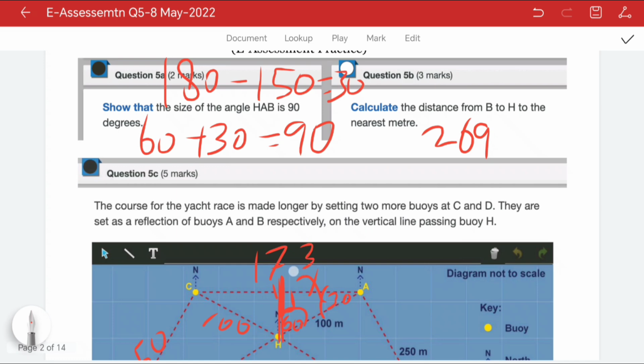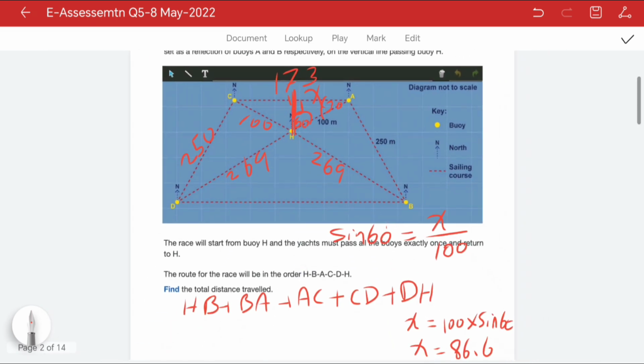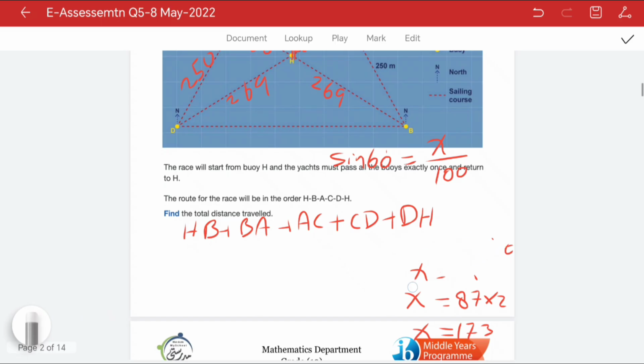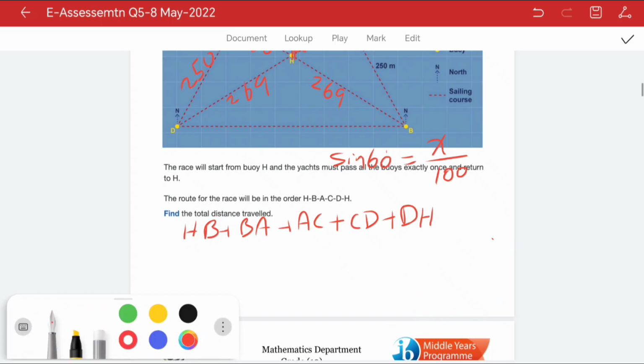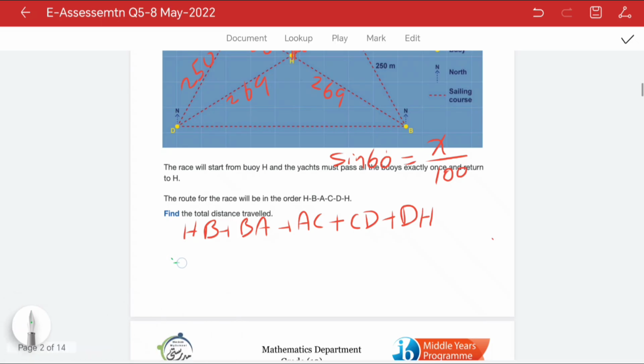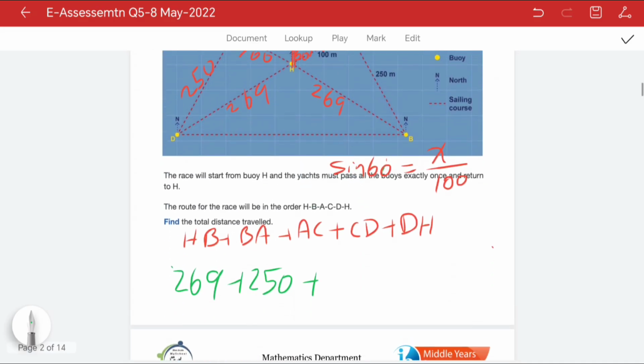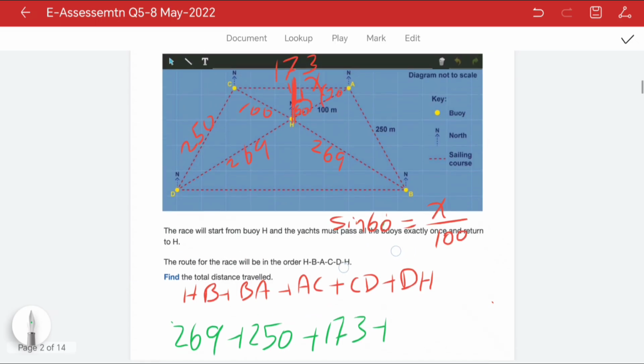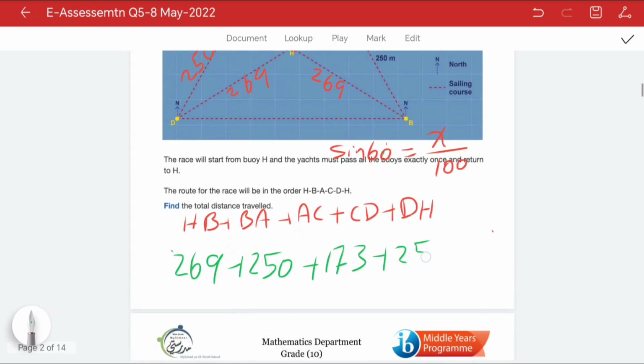So we are going to add all the sides now. Let me erase this one. HB is 269, BA equals 250, AC we found is 173, plus CD, which is equal to 50, DH equals 269.